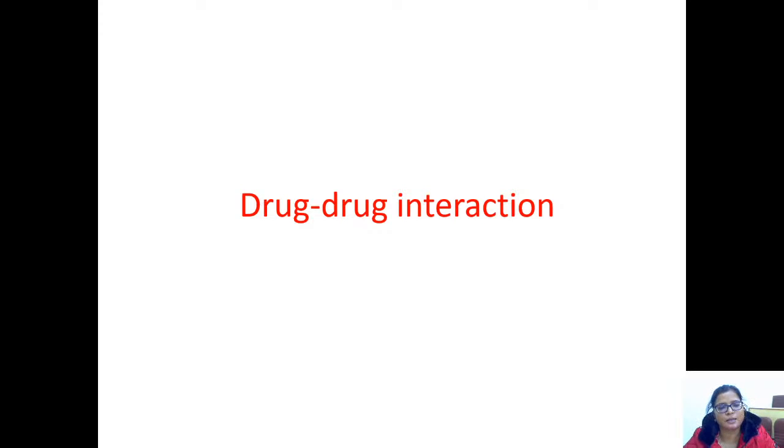For every system we take these case-based learning classes, in which we essentially discuss the right prescriptions, the audit of the prescriptions, and of course rational use of drugs and drug-drug interactions.